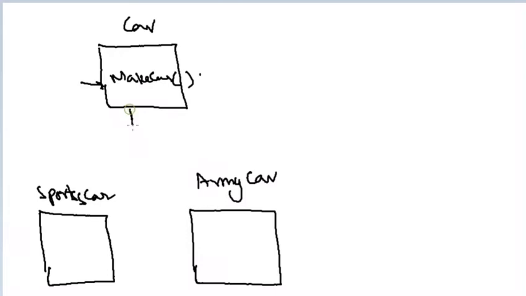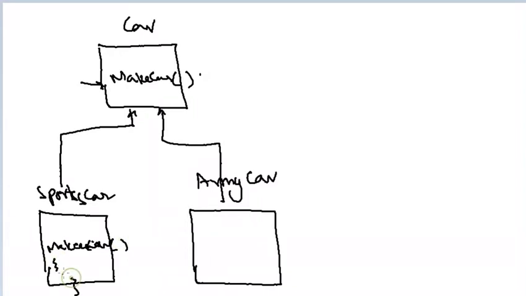These two will be implementing this interface. This make car will be implemented here, and it will give us an output string, sports car, written to the console, and the make car function here will write an output string on the console which is called army car.